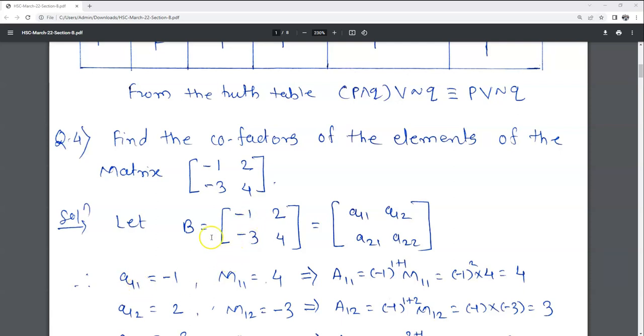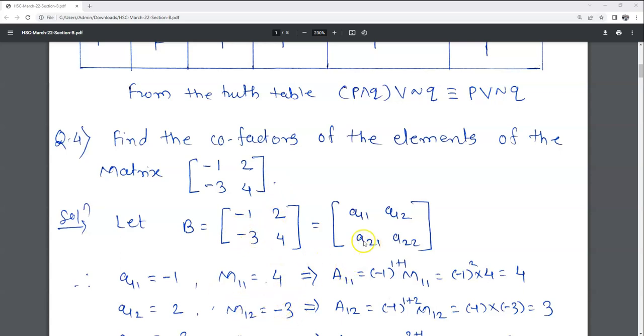So first row and first column, sorry, first row and first column हा जर स्किप केला तर उरला काय? 4 फक्त. So that's why it is 4. So you need to basically skip the first row and first column. इथे काय स्किप करू आपण? First row and second column. So when we say this is a first row म्हणजे -1 आणि 2 स्किप करायचा. 2 आणि 4 that is a second column, तो पण स्किप करायचा. उरला काय? -3. That's why what M12 आला -3.